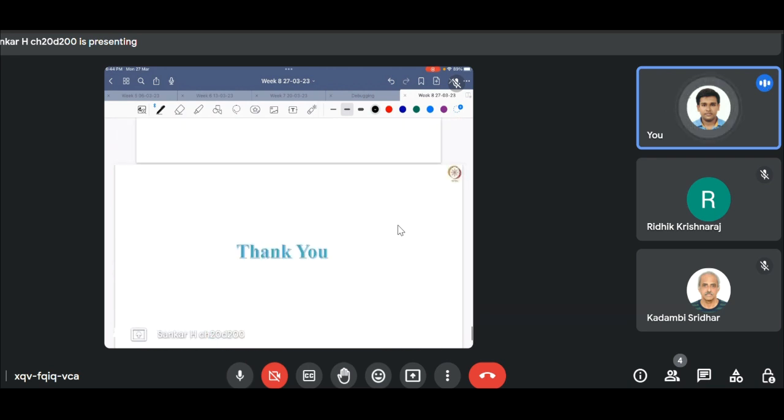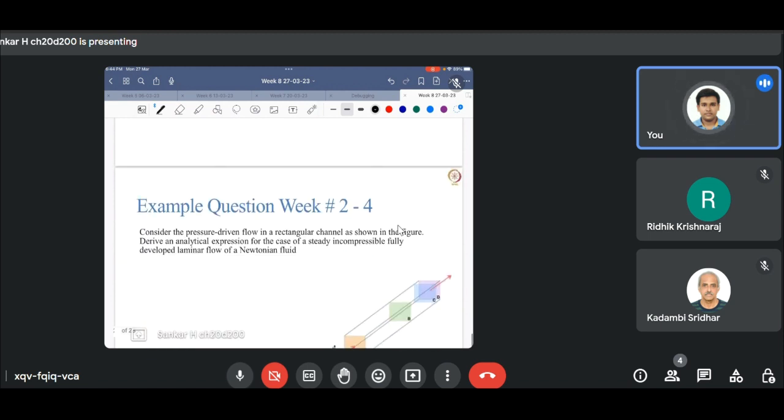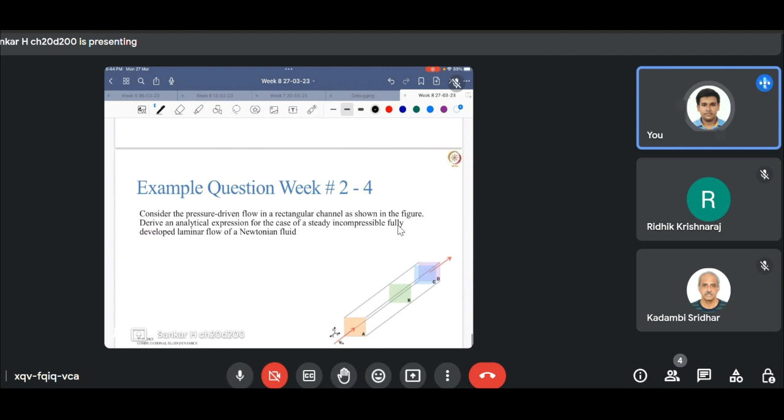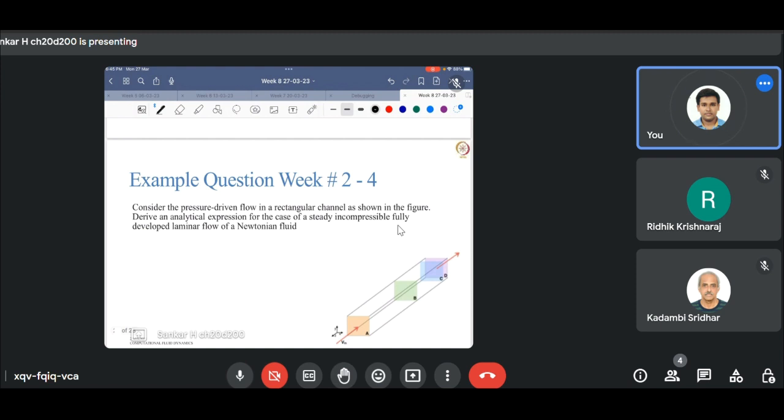Okay, I guess we have completed the graded and non-graded questions for the previous week, week number 8. I have an example question. Since we have almost an hour left, I thought we can do one of the example questions that was under discussion in week 3.